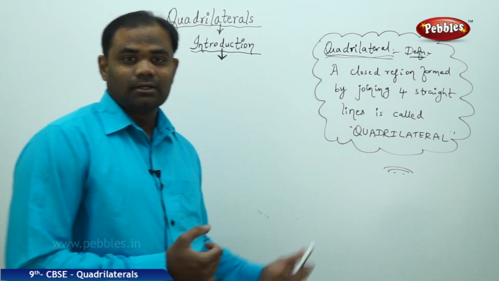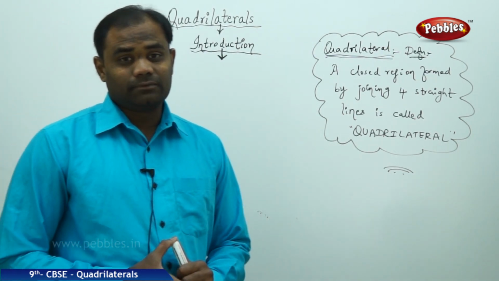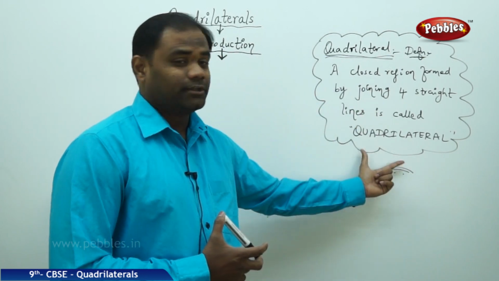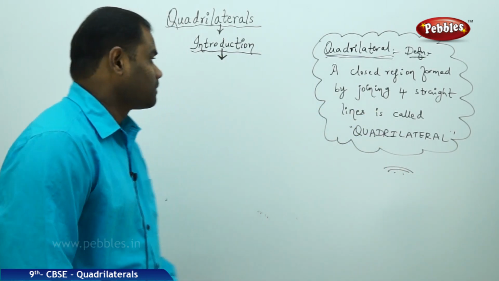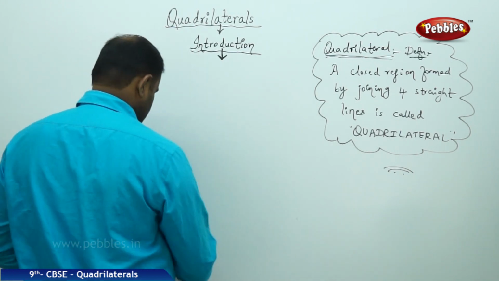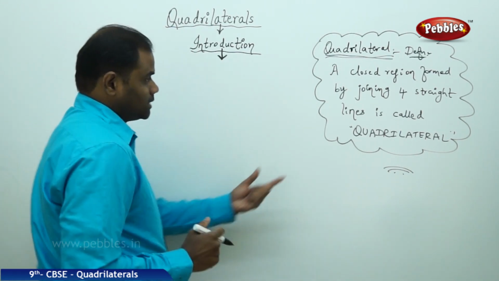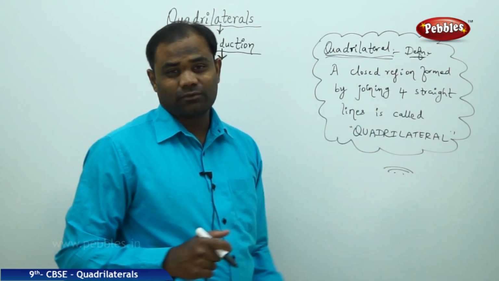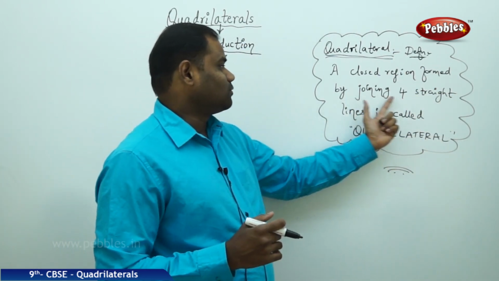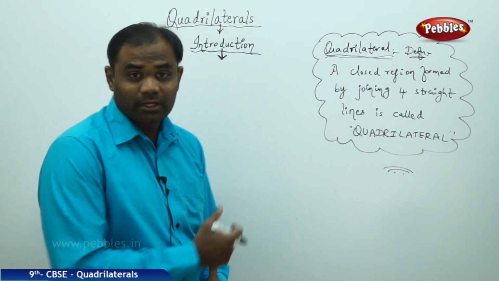So let's see the other set of quadrilaterals which can be formed using the definition of joining four straight lines.